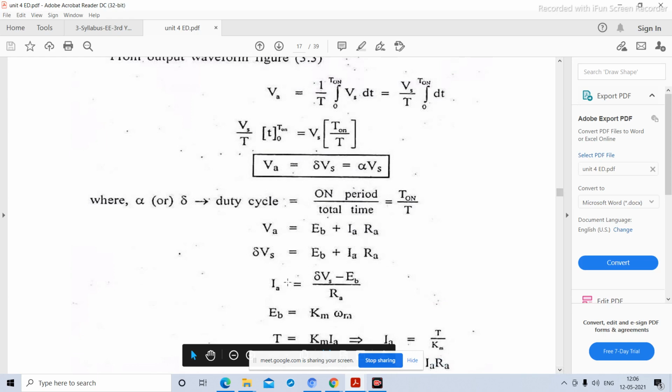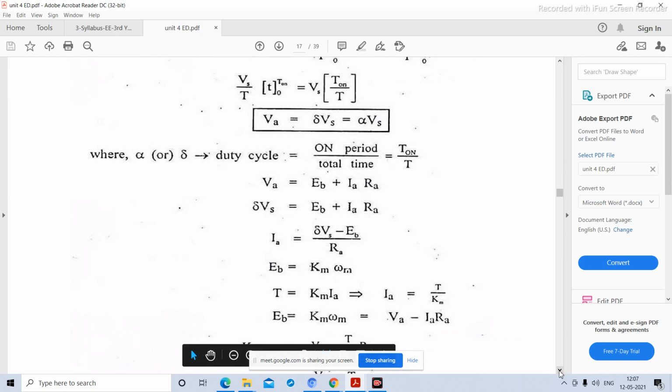So the armature current Ia equals (delta Vs minus EB) upon Ra, where EB equals Km omega m. Here Km is a constant, omega m is the speed of the motor in radians per second, and the torque of the motor is Km Ia. This equation we already discussed in the last lectures.